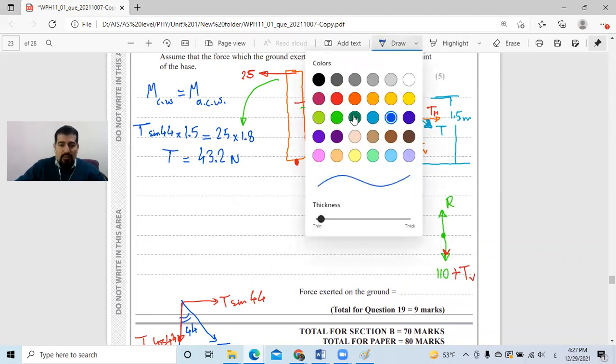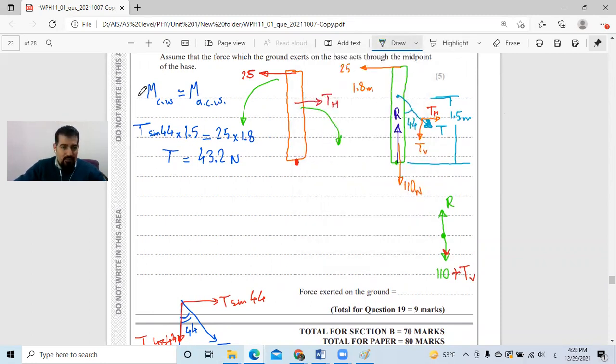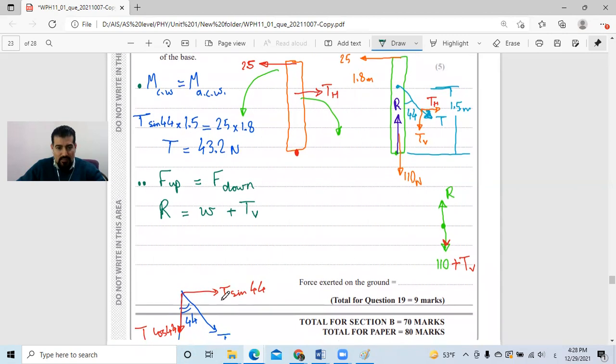Okay, that's the first step, moment clockwise equals moment anti-clockwise. Second step, now we know that the resultant force equals 0. So forces up equal forces down. The force up is only the normal reaction, equal to the forces down, which is the weight, plus the tension vertically. And the tension vertically, as I wrote here, is sine or cosine? It's cosine.